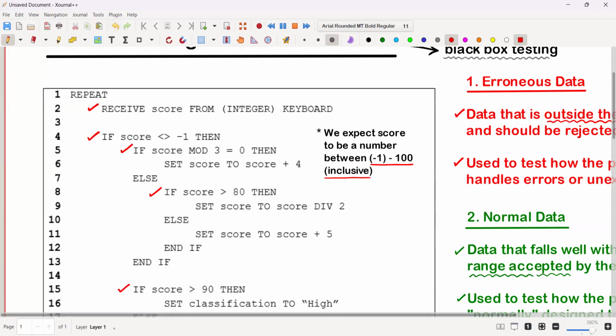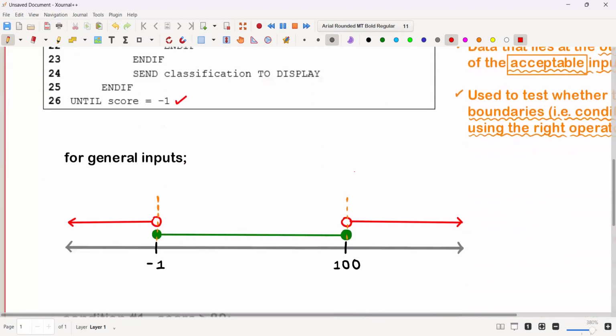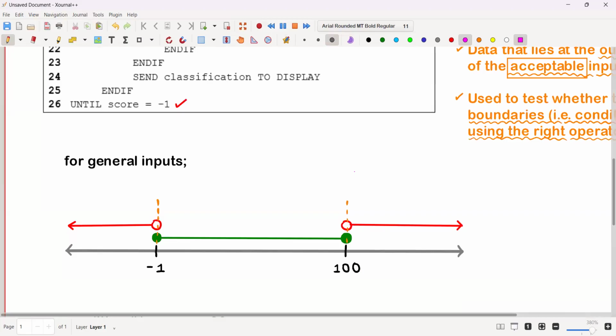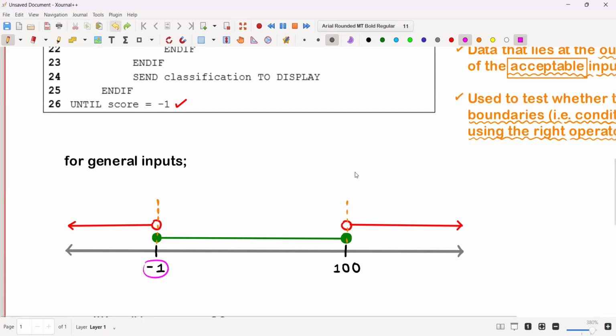Cool. Now that we've understood the overall scope of the program as well as the expected values, we are ready to look at our so-called boundary, erroneous, and normal data. We'll start off by looking at the general expected inputs for our program. For general inputs, we know that the score is expected to be between -1 and 100, and these are both inclusive boundaries.